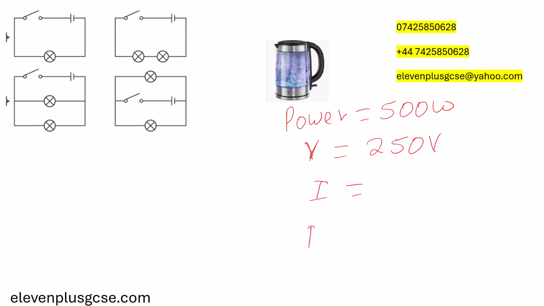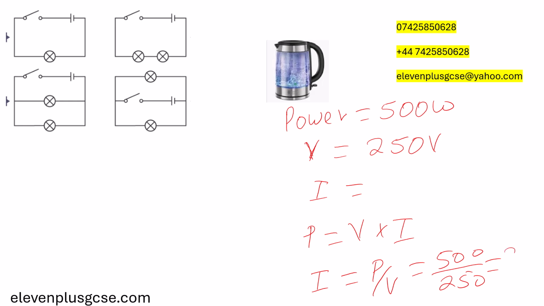Yes, I can. Power is given by V times I. If I want to make I the subject, I'm going to do P divided by V. P is the power, which is 500, and V is the potential difference, which is 250. If you divide that, you get 2 amps. That means the current flowing through there is going to be 2 amps to deliver that amount of energy per second. Okay, so that is what there is.